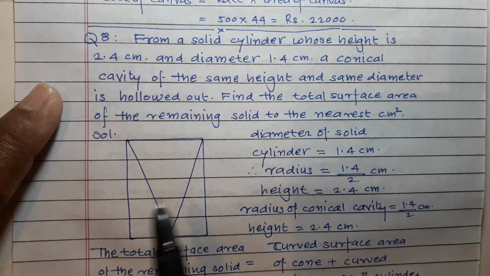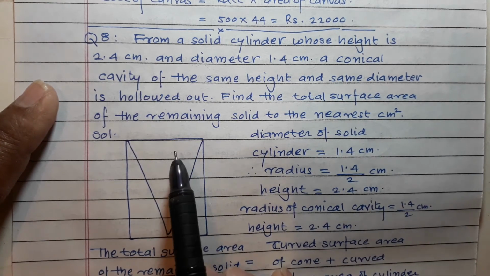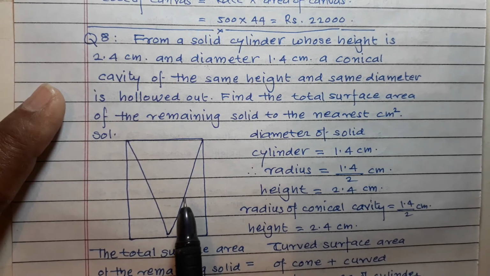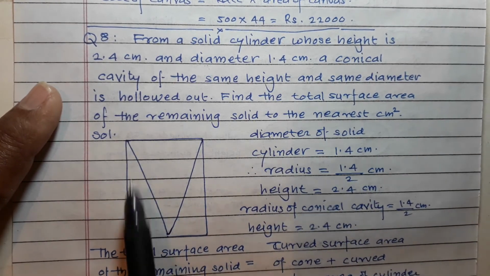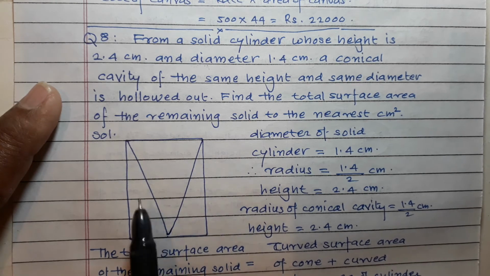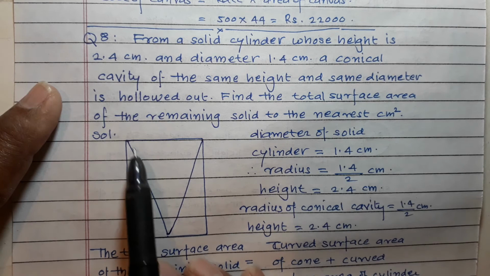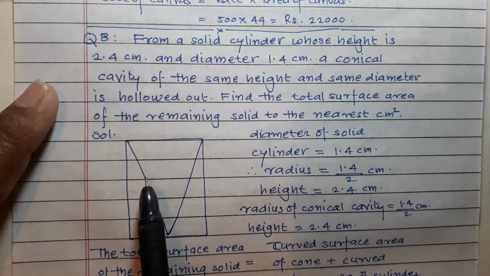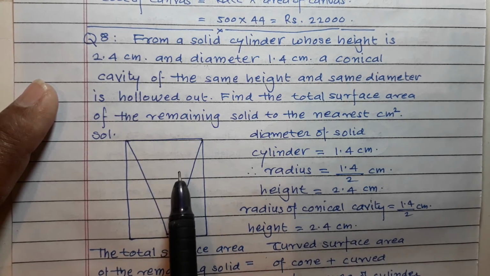So in this case, draw this figure. This part is what is cut off from the solid cylinder. So therefore total surface area is equal to curved surface area of cylinder, base area, and the curved surface area of this cone that you subtract from this.